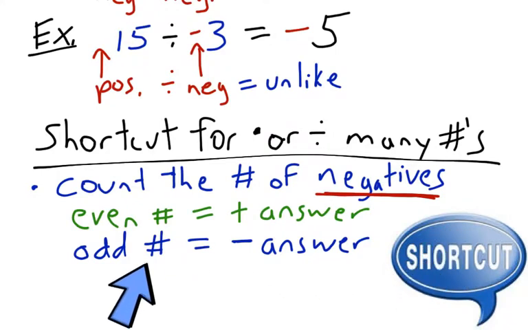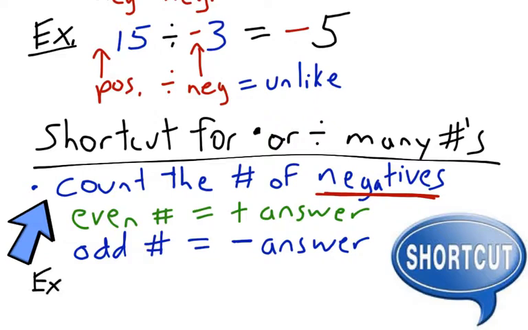All right, as you finish jotting that down, I'll come up with an example. Let's say we had -8 times -4 times -1 times -3 times 2.